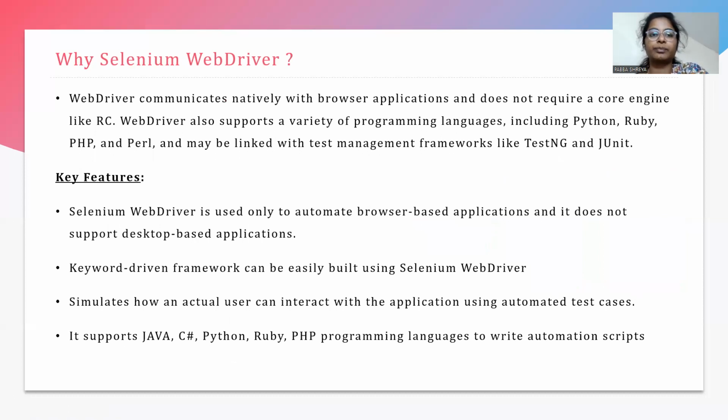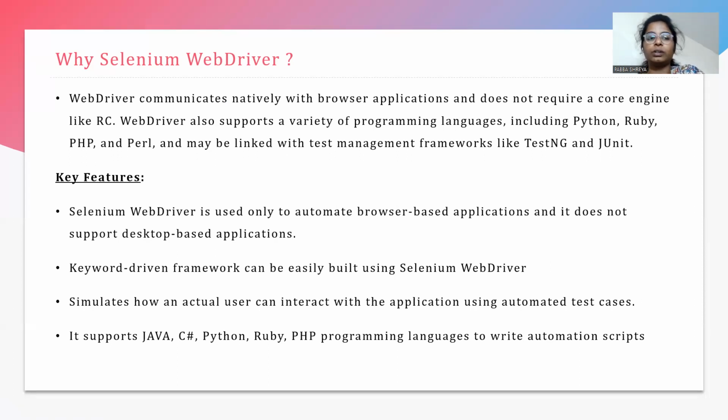WebDriver communicates natively with a browser application and does not require a core engine like RC. WebDriver also supports a variety of programming languages, including Python, Ruby, PHP, and Perl, and may be linked with test management frameworks like TestNG and JUnit. And coming to the key features, Selenium WebDriver is used only to automate browser-based applications, and it does not support desktop-based applications.